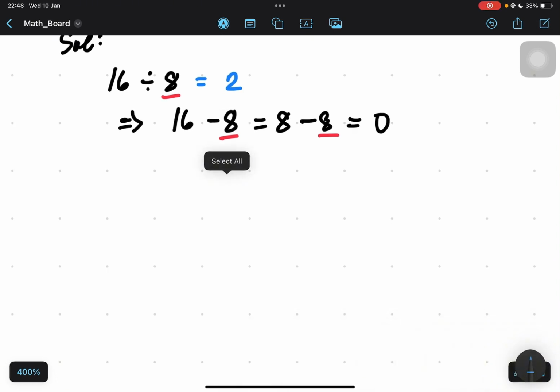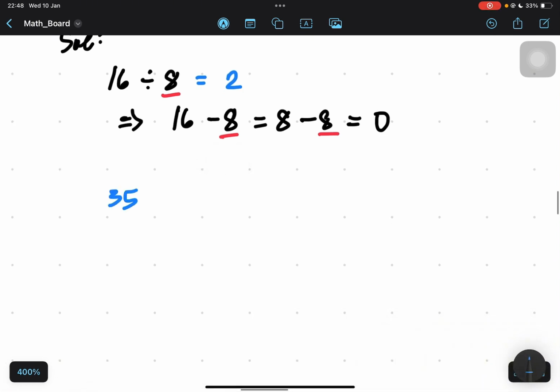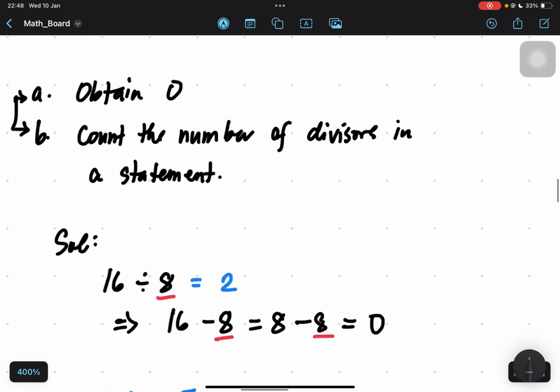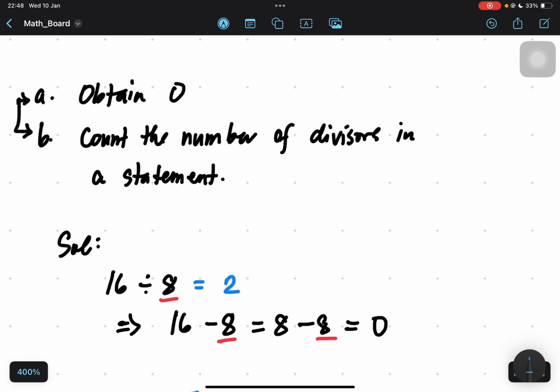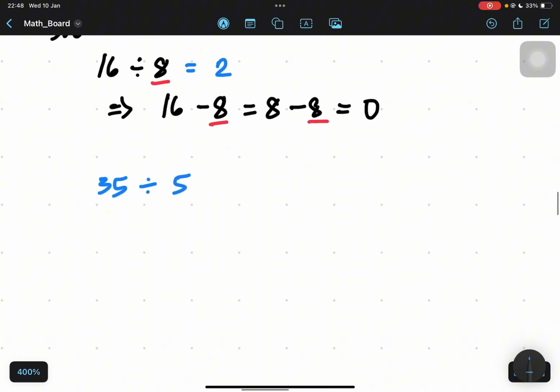Let's say 35 divided by 5. We use only these two rules: obtaining 0 and counting the number of the divisor, or counting how many 5s appeared in that statement. 35 divided by 5 is interpreted as 35 minus 5.